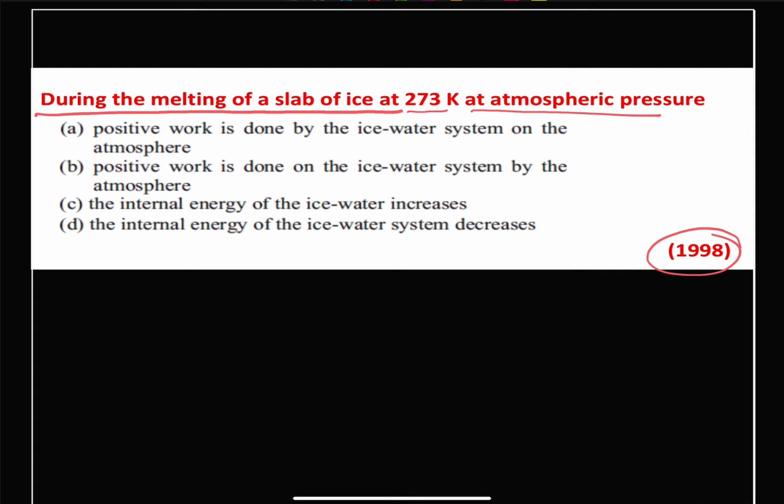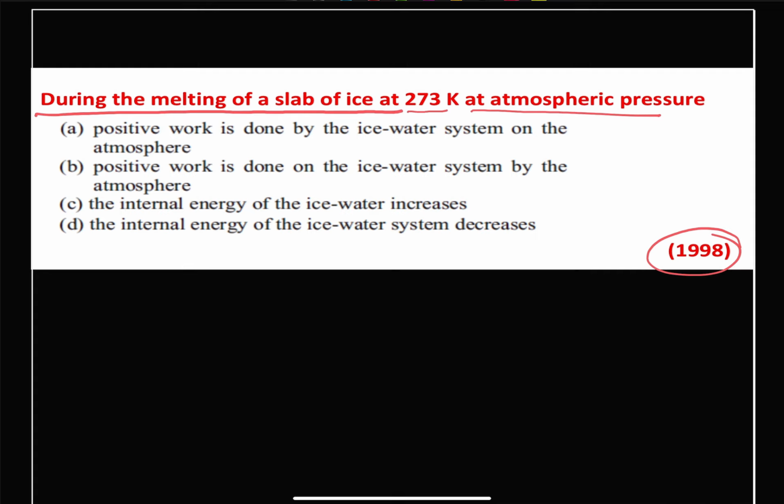And we have to understand the melting process of our ice, which we call an ice water system. So first of all, it changes from solid to liquid, and there will be no change of temperature, and then there will be a change in volume, because water is denser than the ice, so we have to remember that thing.